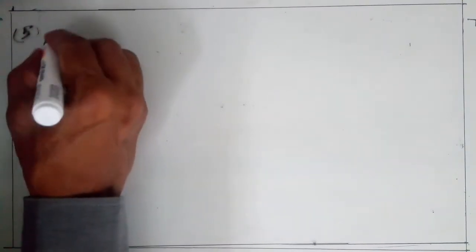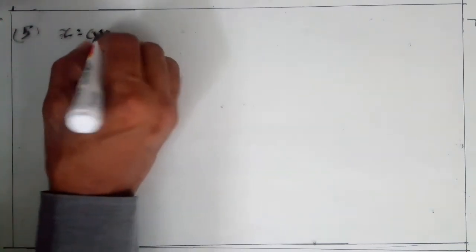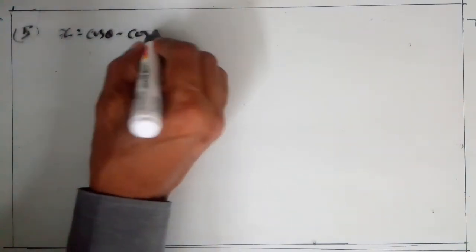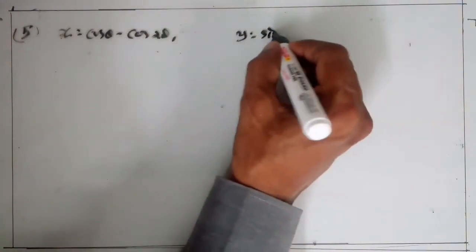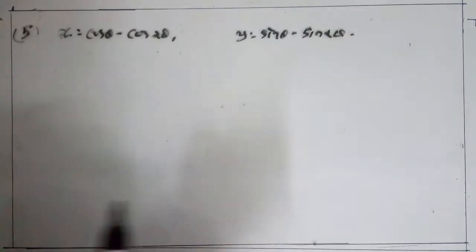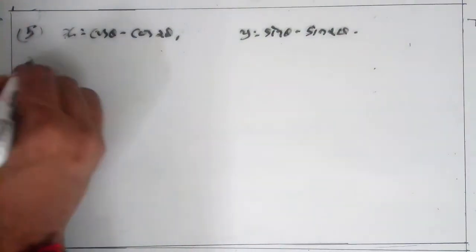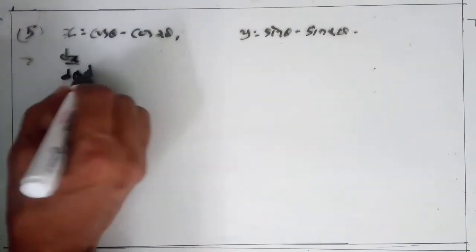x is equal to cos theta minus cos 2 theta and y is equal to sin theta minus sin 2 theta. Get dy/dx. For this, first we get dx/d theta.